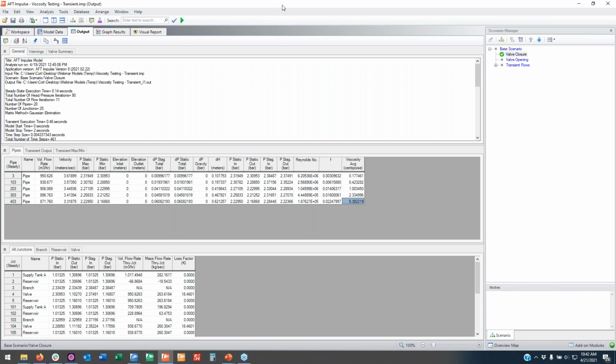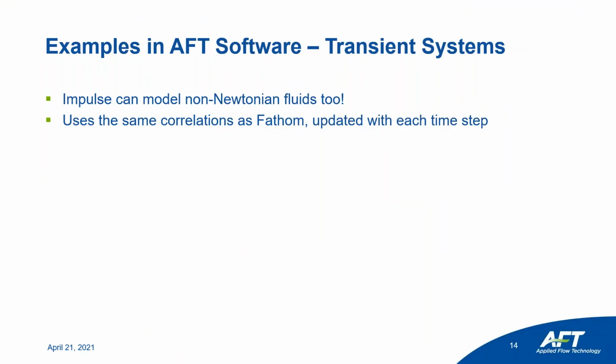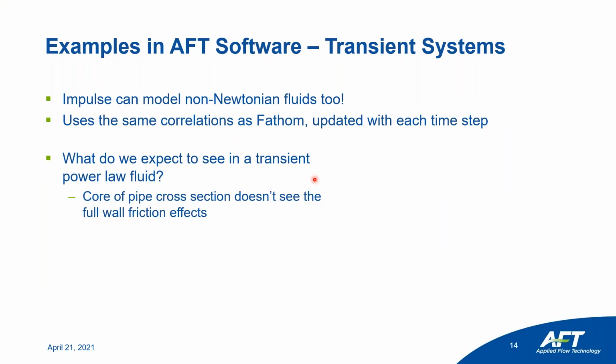Now, when it comes to transient results, and I'm going to go back to my slides here real quick, we have to ask the question, what do we expect to see in our transient power law fluid? Well, if we think about the cross-sectional velocity profile of our system, in turbulent flow, we have that inner region, a fully developed turbulent flow, which has a pretty constant velocity.